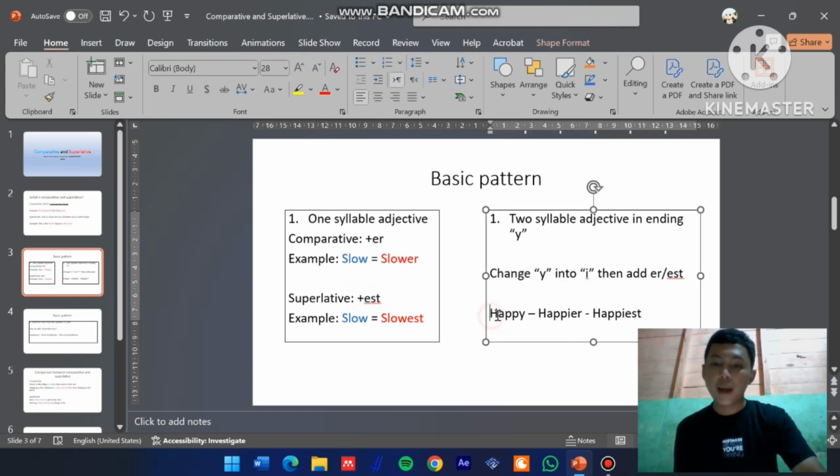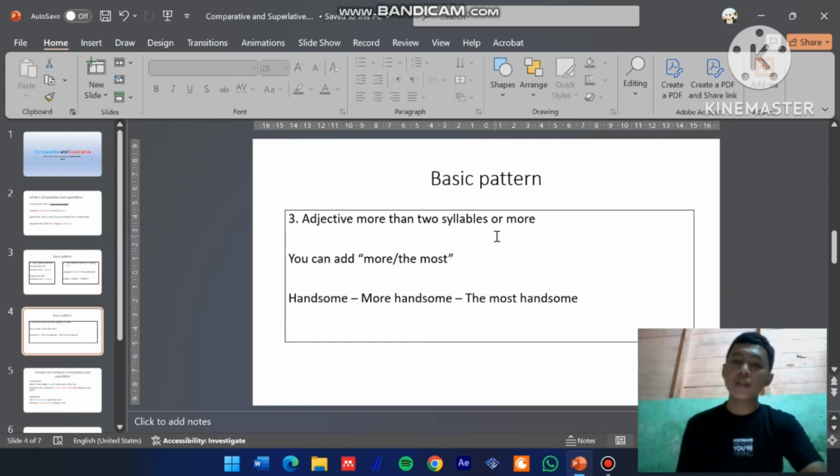So let's see the example. Happy. In here we can see y in the last letter. It becomes happier. You change the y into i. And in the superlative version, you can see happiest in here. You change the y into i like this.